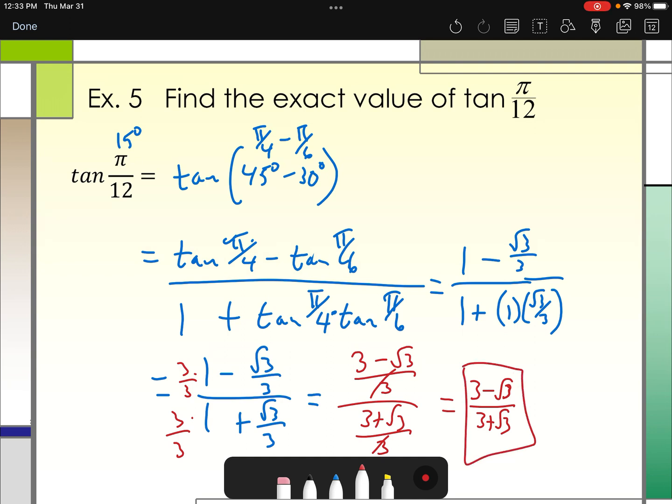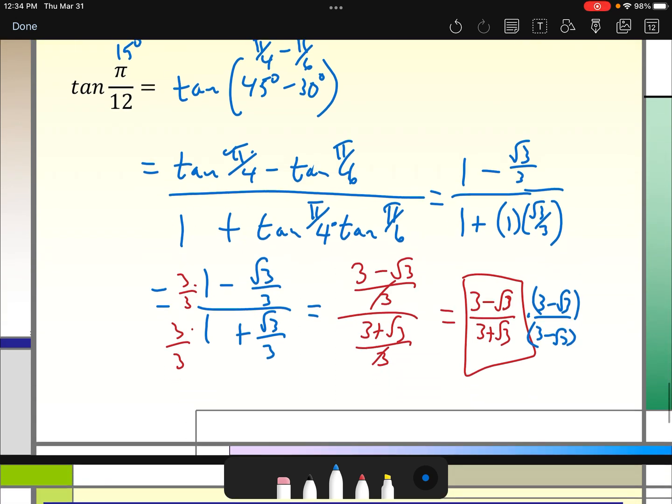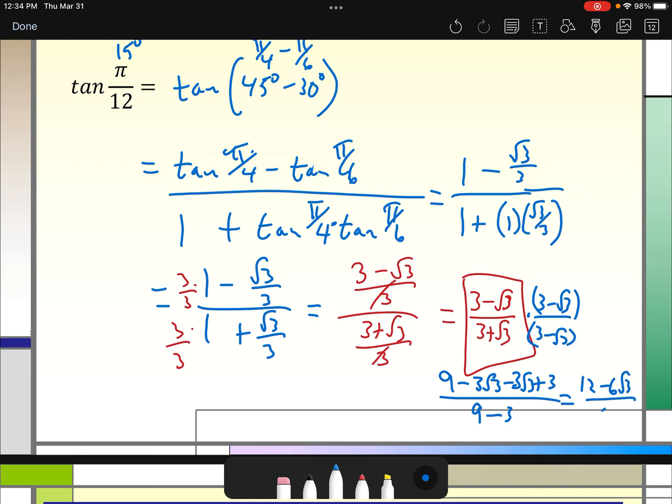Now, I will let you keep that right there. That is okay right there. To be technical, we would have to multiply by the conjugate and distribute, FOIL all that, to get rid of the radical, which would be 9, let's see, minus 3 rad 3 minus 3 rad 3 plus 3 all over 9 minus 3, which is 12 minus 6 rad 3 over 6, which is 2 minus rad 3.